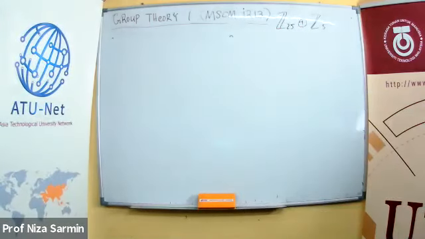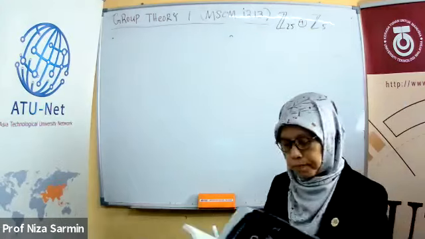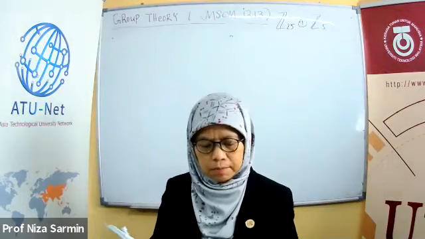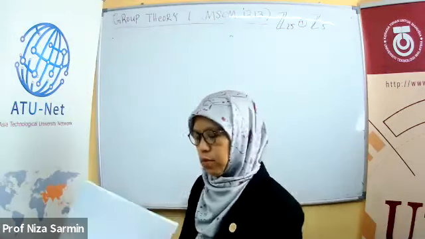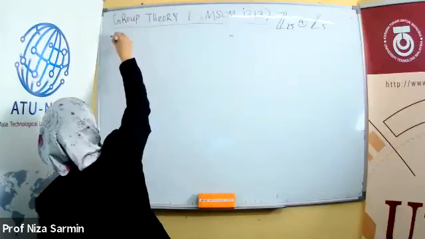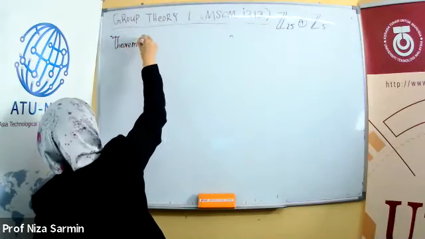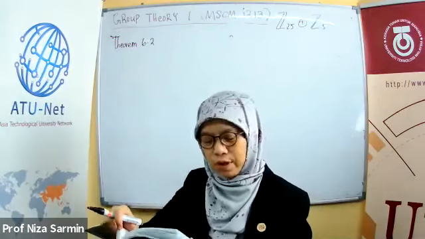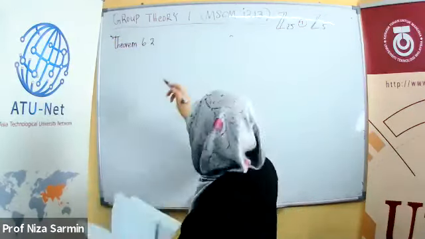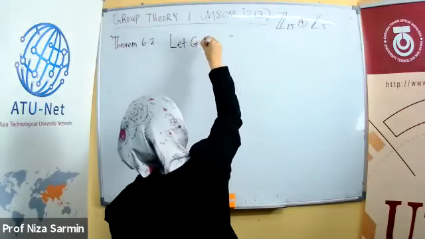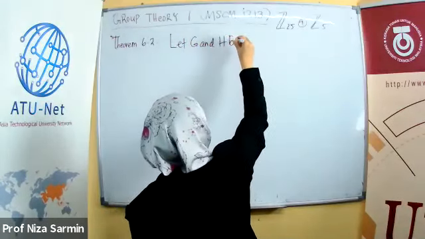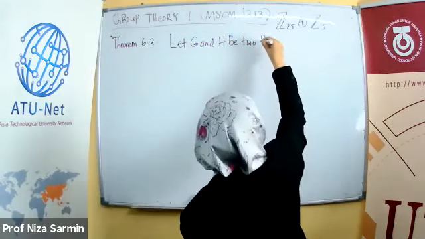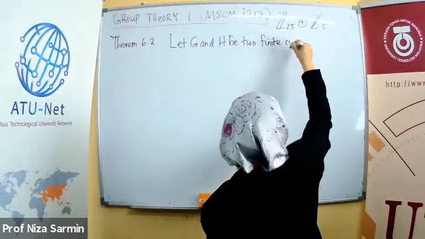I want to show one theorem. Okay, theorem 6.2. I mentioned this in the previous class. I'm not sure if you realize or not. Let G and H be 2 finite cyclic groups.